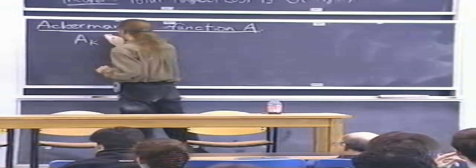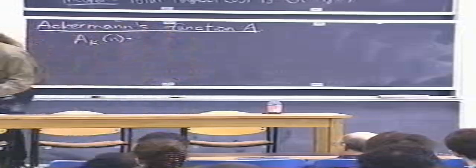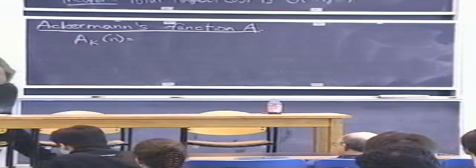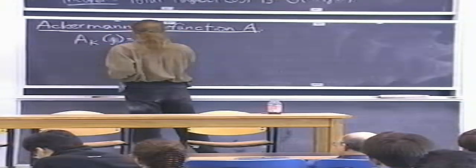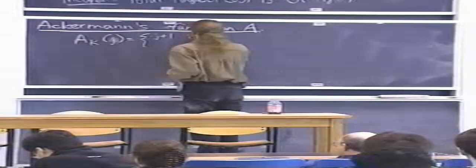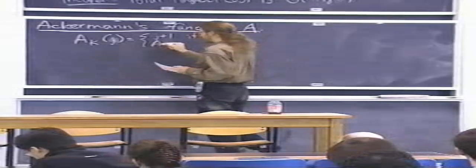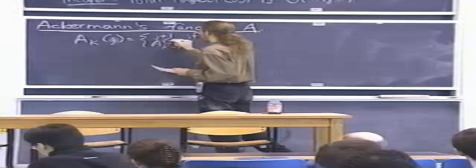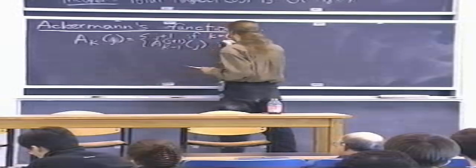So A_k of n, is that reasonable arguments? Okay, I'll use A_k of j. I don't want to confuse it with that n. Okay, the base case is when k equals 0, and then it's the increment function. And otherwise, it's this magic.